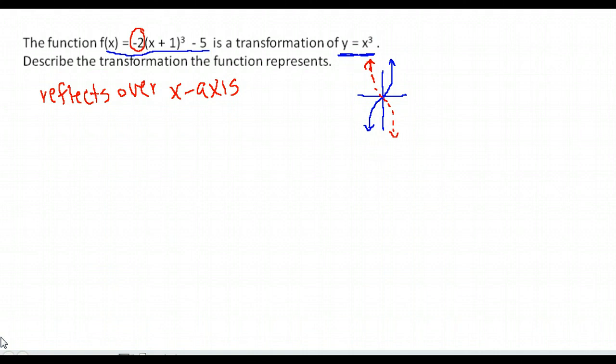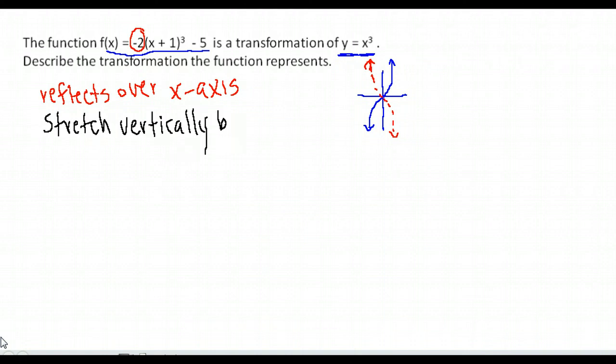Flips everything upside down, or reflects over the x-axis. The next thing I notice is the 2 multiplied in front. That's going to stretch vertically, again because that's outside, by a factor of 2.